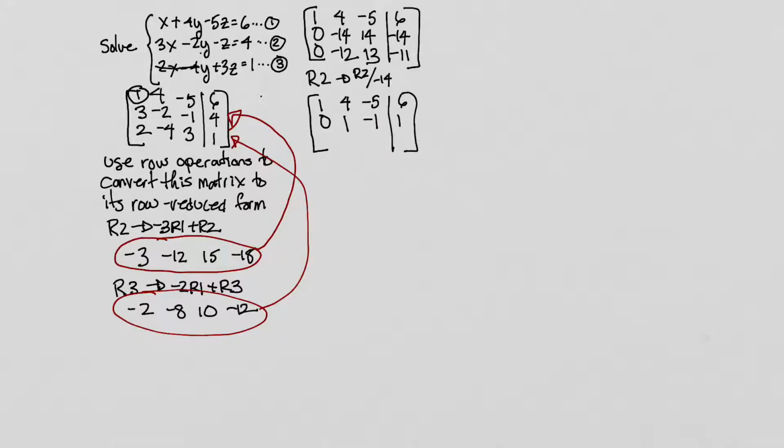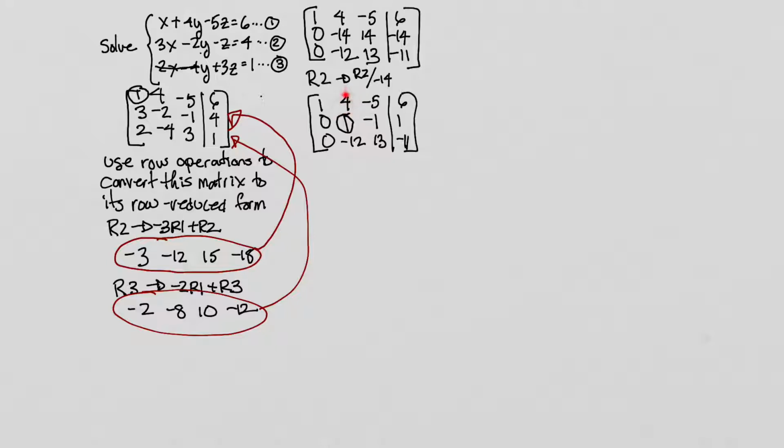So we've got our second row. Third row is going to stay the same. 0, negative 12, 13, negative 11. So now we have our pivot in our second row. Right there is the 1. So now what we need to do is get a 0 here and a 0 here.